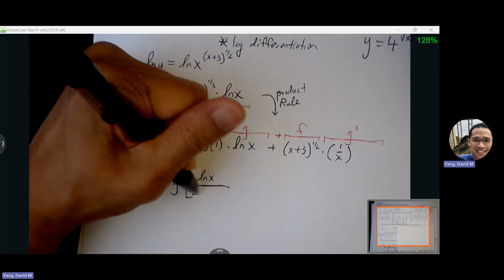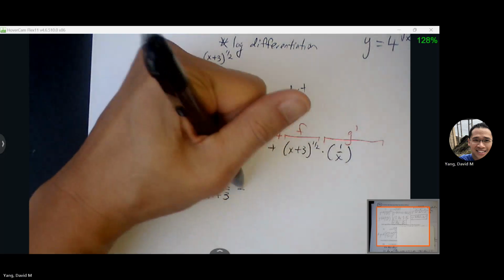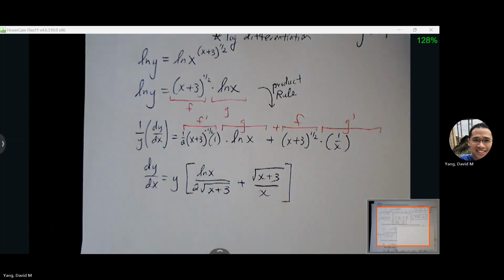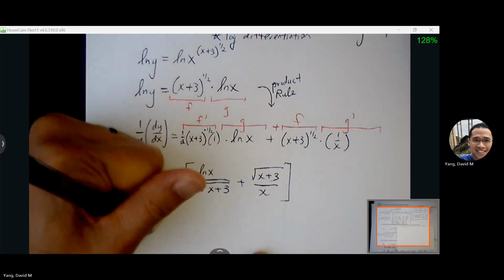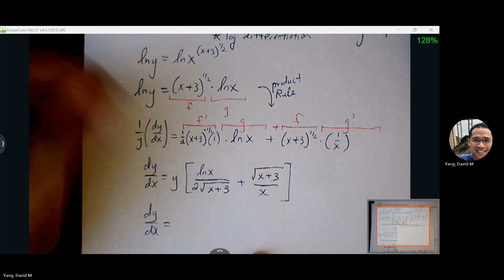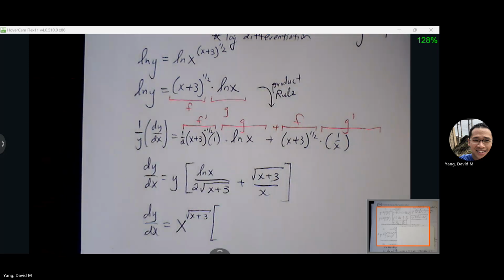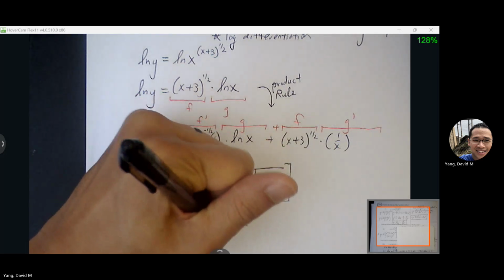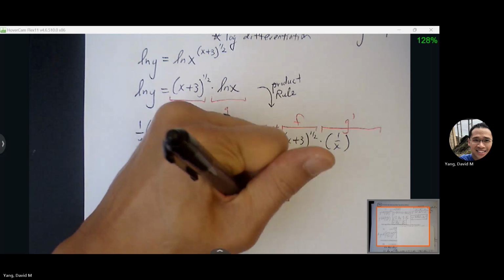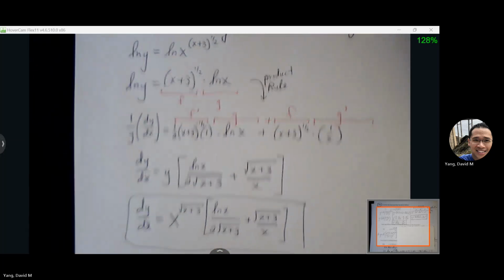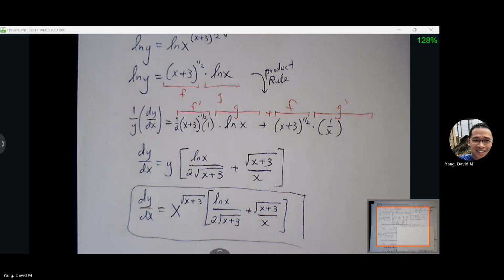I'm going to do some cleanup here within each of my fractions.